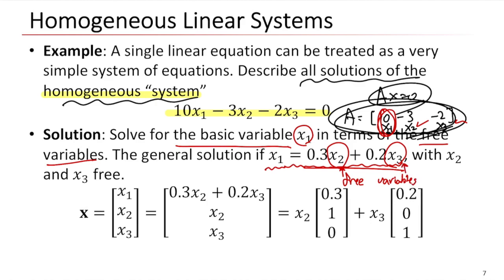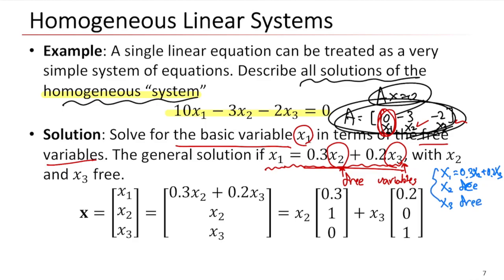So what is the parametric description of the solution? Do you remember, right? x1 is 0.3 times x2 plus 0.2 times x3, and x2 is free, x3 is free, right?